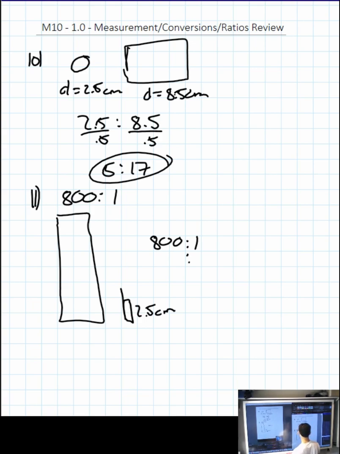Now we want to decide, is the 2.5 like the 1 or is it like the 800? Well, we know it's like the 1, so we're going to put 2.5 below 1. Now, how do we get from 1 to 2.5? Let's go from 1 to 800. We times by 800. Now, if we're going to go that direction, we're going to go in the bottom that direction as well, and times by 800. And 2.5 times 800 is 2,000.